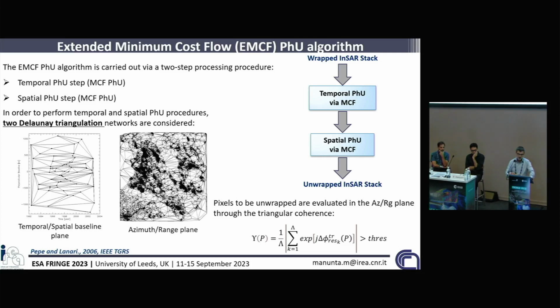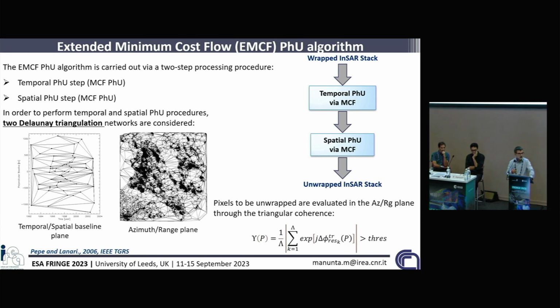In other words, we estimate the coherence by taking into account the residuals within the triangles of the temporal domain network. And we select only the pixels that have coherence larger than a pixel threshold.